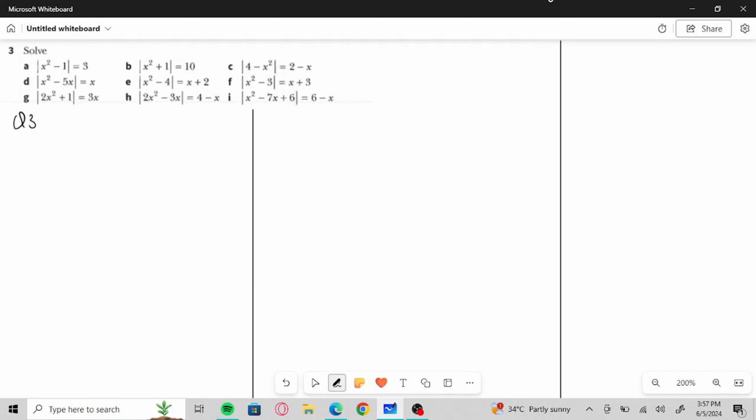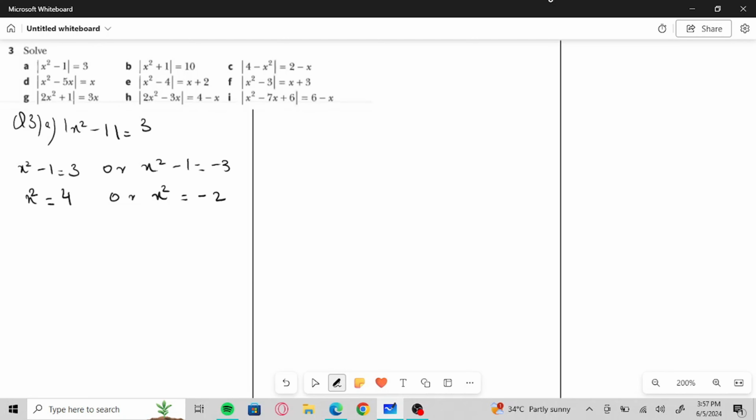Okay, for question number 3, A, we have |x squared minus 1| equals 3. Solve this and we will get x squared minus 1 equals 3 or x squared minus 1 equals negative 3. Okay, and then x squared equals 3 plus 1, which is 4, or x squared equals minus 2.